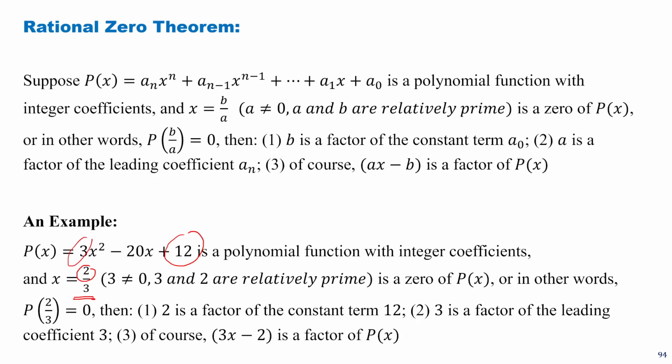So this tells you another way to find possible numbers such that p(x) equals 0, right? If the leading coefficient is not 1, then you should test all the possible numbers of b over a, where b is a factor of a0 and a is a factor of the leading coefficient. You get it?